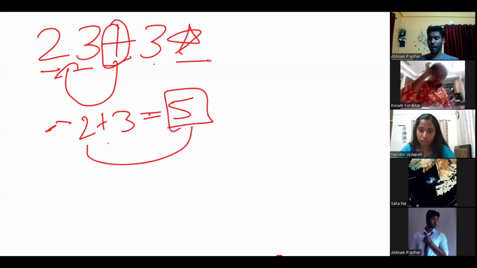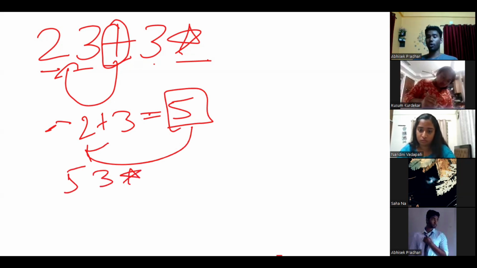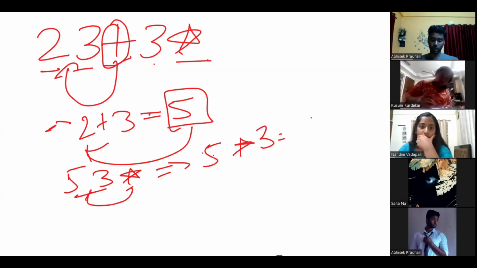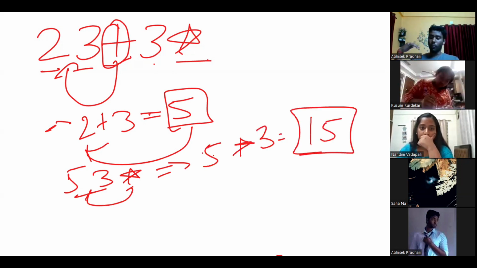Once this 5 is taken back to the stack, we have 5, 3, and star. This is what my new expression becomes. Then I know these two are my operands and this is my operator, so this will be added in between. 5 into 3 becomes 15. So the value of your postfix evaluation would be 15.